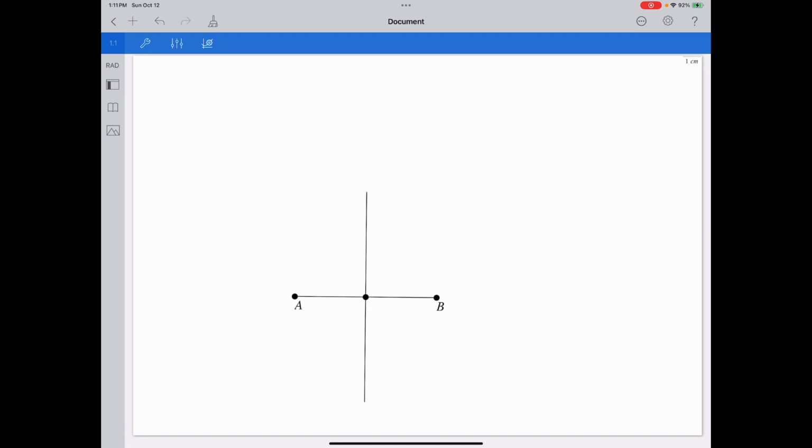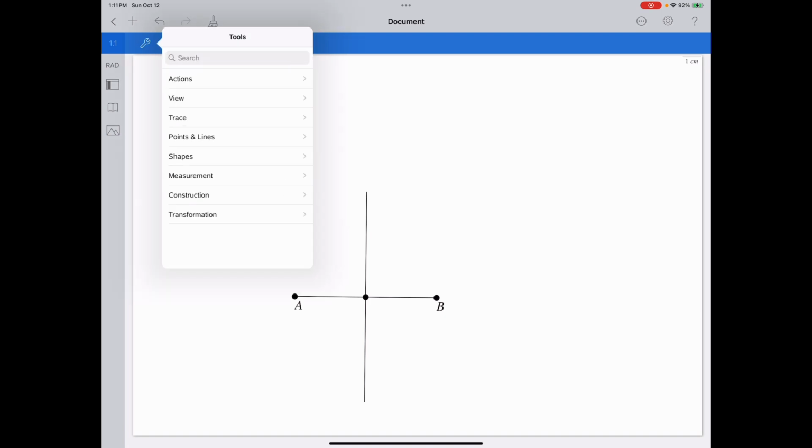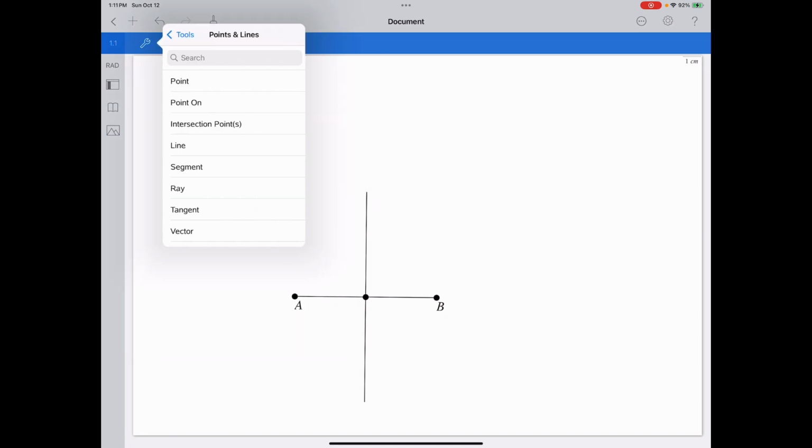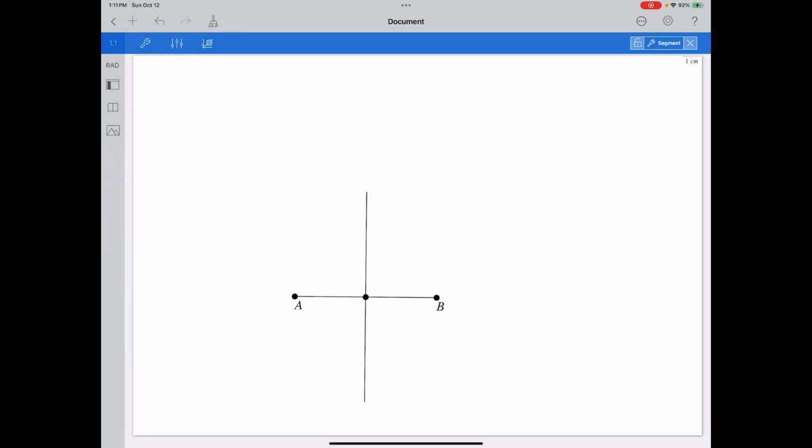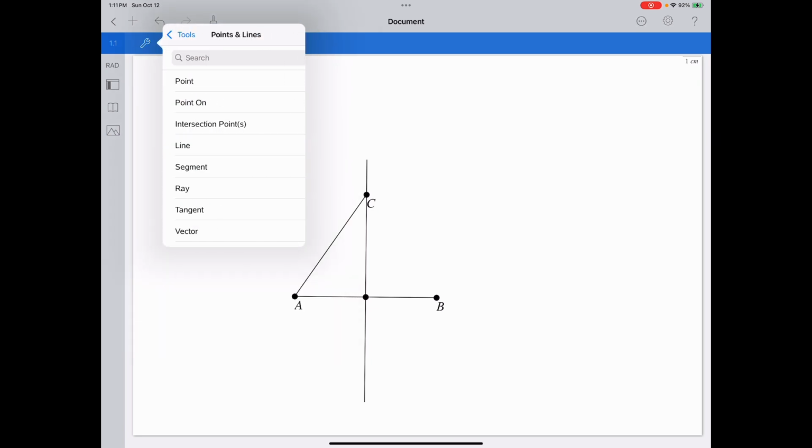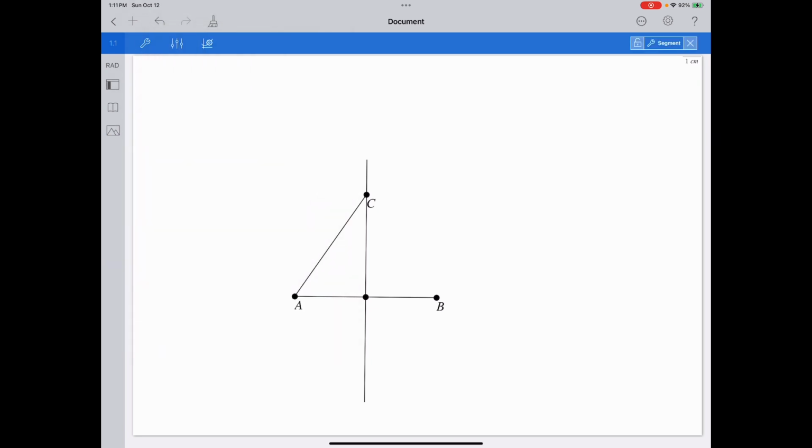Now we're going to create the 2 sides of the triangle, again by coming here to points and lines and segment, and we'll click on A, and then the top of the triangle here, creating a point called C. And then one more time, points and lines, segment, we'll click on B and C. Now there are the 3 sides of our triangle. It doesn't yet recognize this shape in the app, but we have the 3 sides of the triangle.